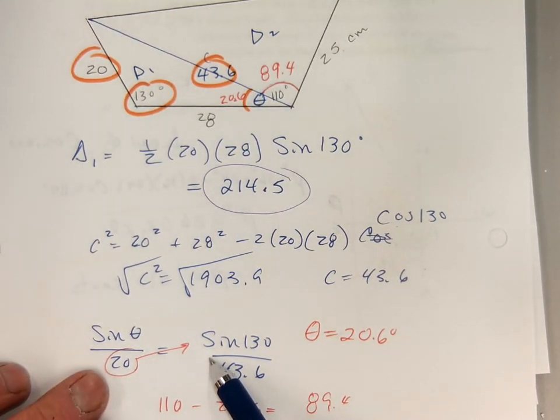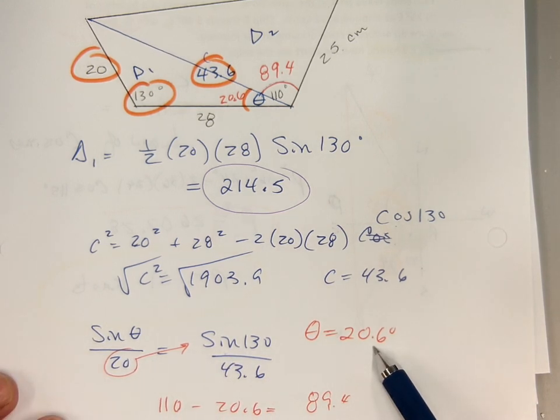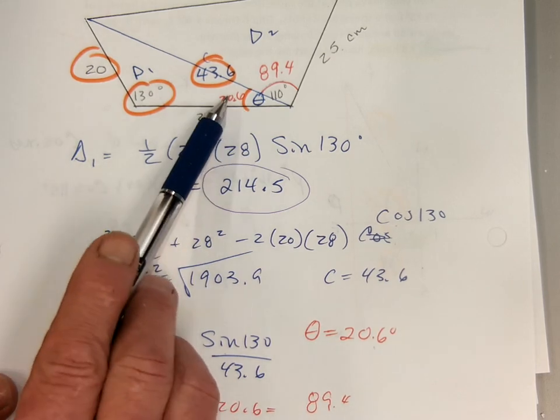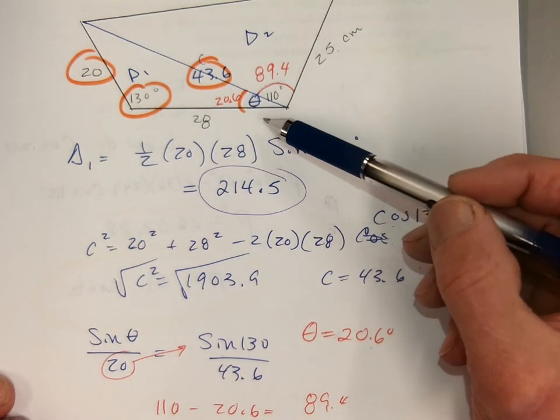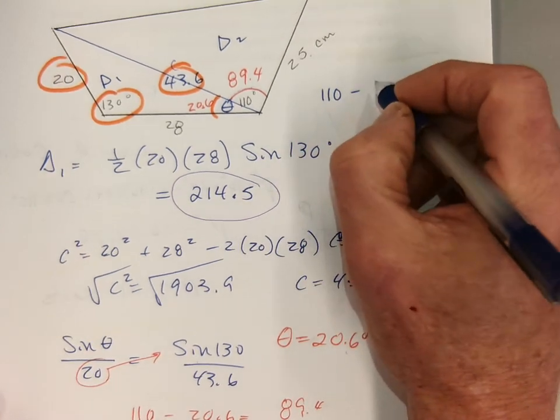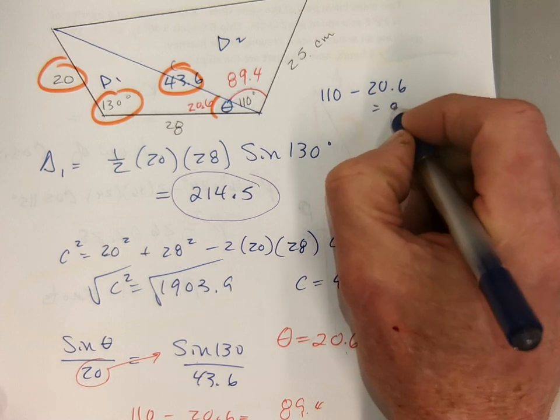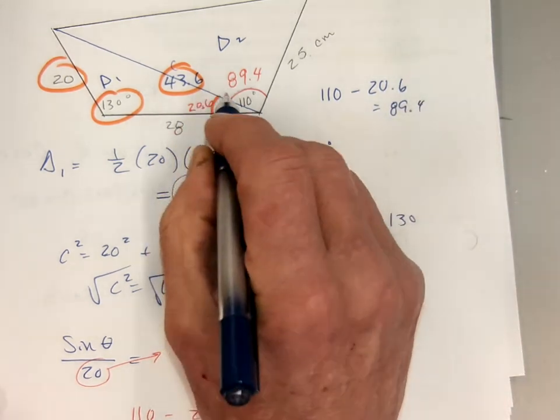I solved for theta, multiplied up by 20, got my decimal, went sine inverse, and I got this angle, 20.6. So that angle is 20.6. I subtracted that from 110 degrees, so 110 minus 20.6 gave me 89.4. Okay, that's my angle.